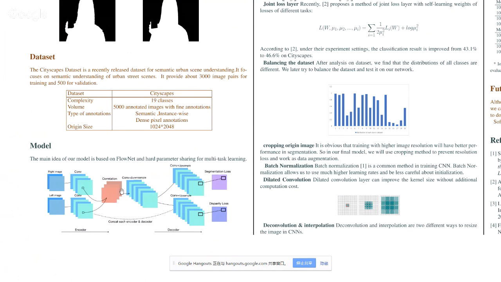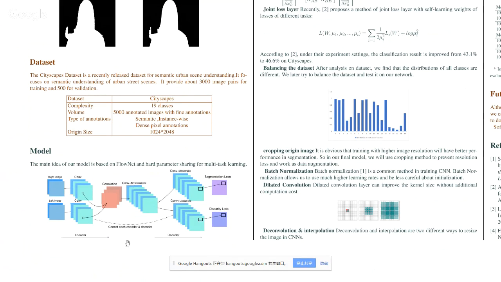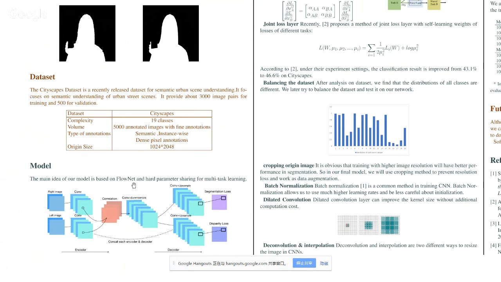And after the encoder, we divide the features into two tasks, segmentation and disparity. They learn the features separately, and we get our result after the loss. And this is our basic model.